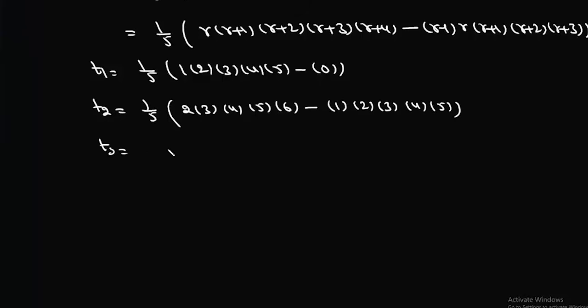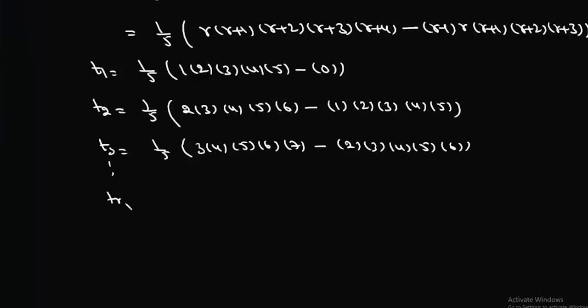Third term is 1 by 5, and this is 3, 4, 5, 6, 7 minus, and this is 2, 3, 4, 5 and 6, and its nth term is 1 by 5 (n+1)(n+2)(n+3)(n+4) minus (n−1)(n+1)(n+2)(n+3).